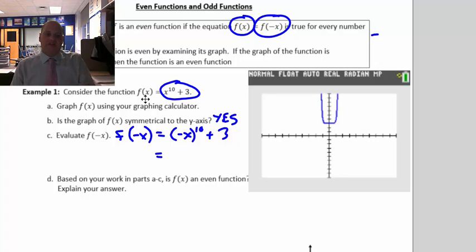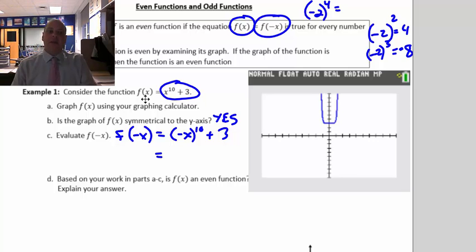For example, negative 2 squared is positive 4, right? But if you have negative 2 to the 3rd, it's going to be negative 8 because it's a negative times a negative times a negative. What if you do it to the 4th? Now it's going to be positive 16. Negative 2 times negative 2 times negative 2 times negative 2 is positive 16.